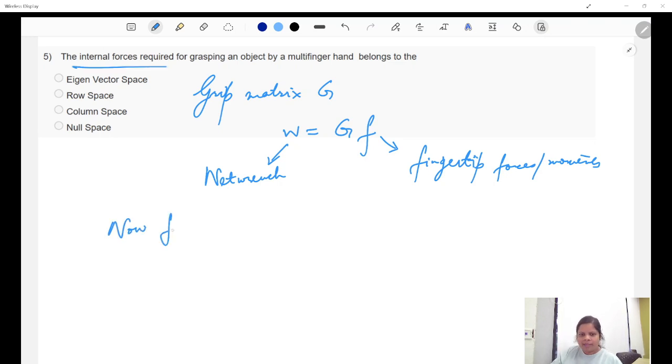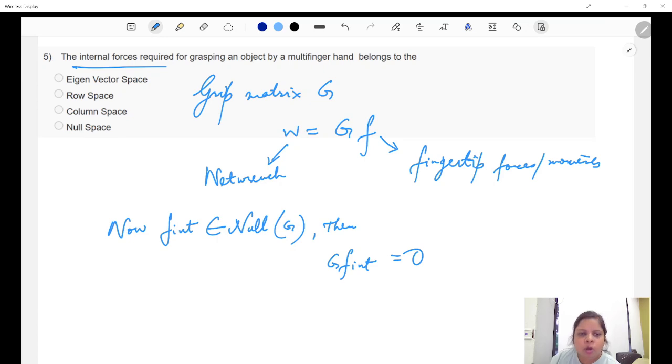If F_int belongs to the null space of G, then what would happen? G times F_int will be equal to 0. We already know that the homogeneous part of the solution gives you the null space, and if the internal force belongs to that null space, then this would become 0. You won't have any wrench over here, because it is just internal force.